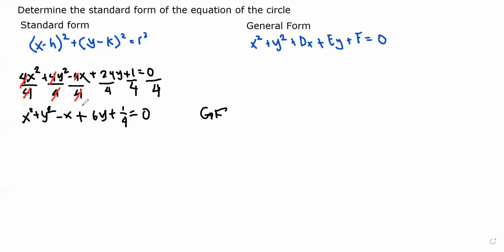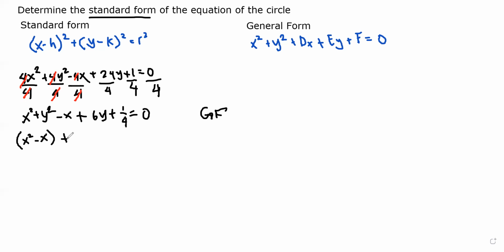Now, as the first step in translating this equation to standard form, we have to group the x terms and the y terms. So how are we going to do that? We're going to use parentheses, of course. So copy x squared and then minus x for the group of x terms.